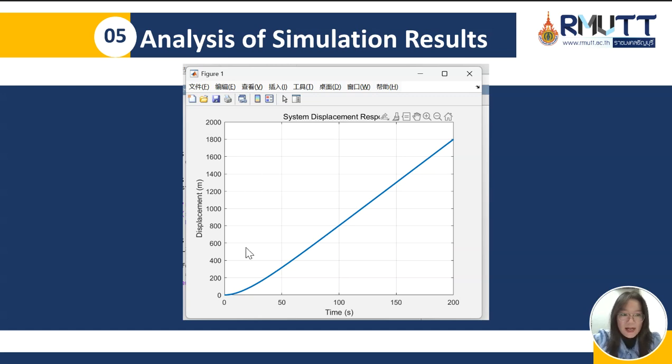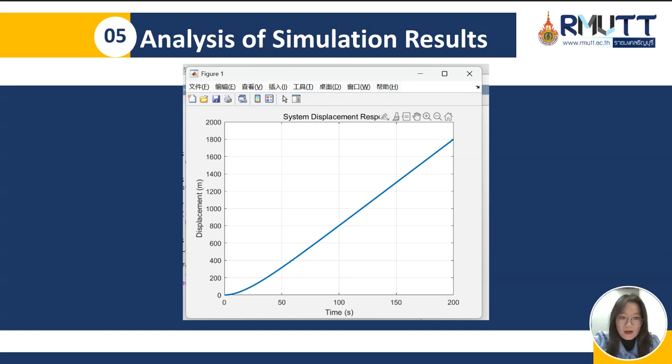As time goes by, it finally stabilizes at about 10 meters per second, which is consistent with the steady state velocity.